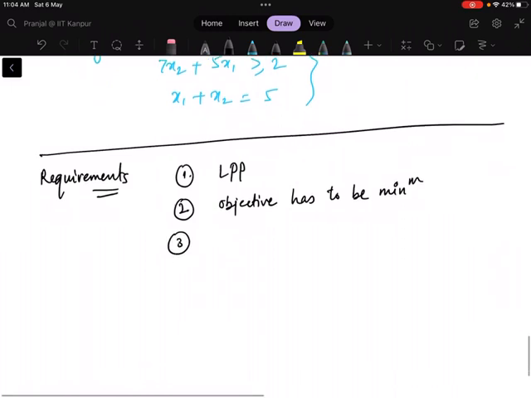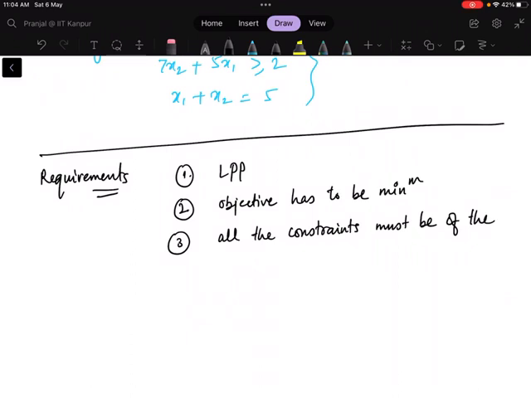Then third, all the constraints must be of the form Ax equals to b, where b is greater than or equals to 0.